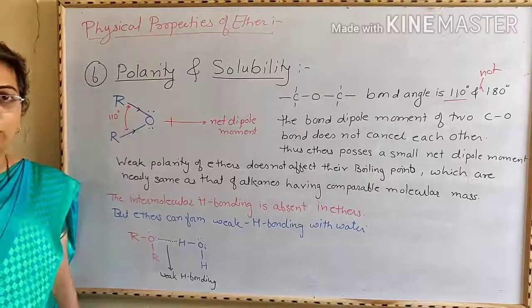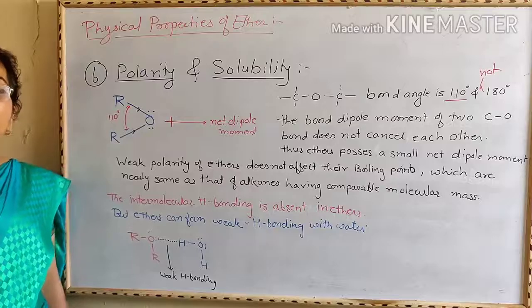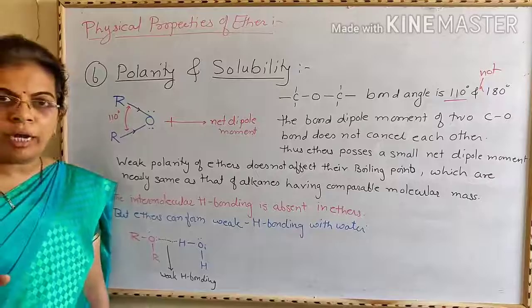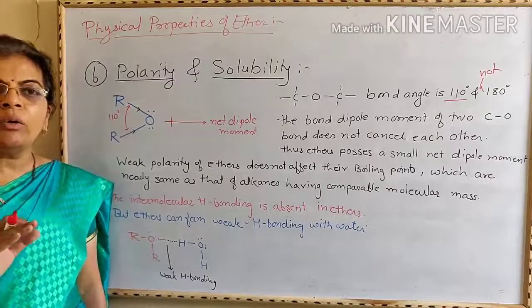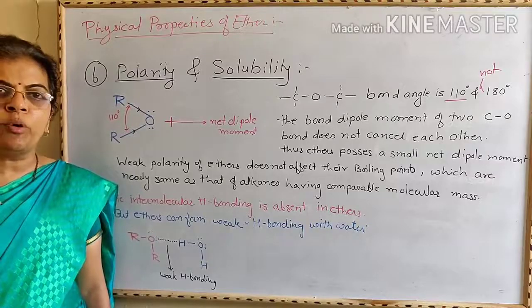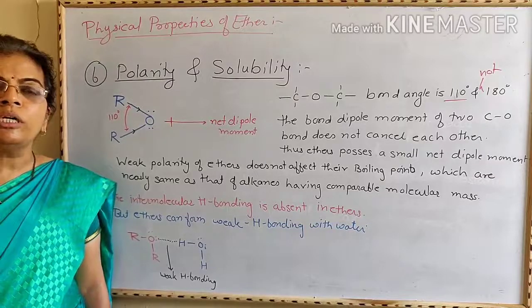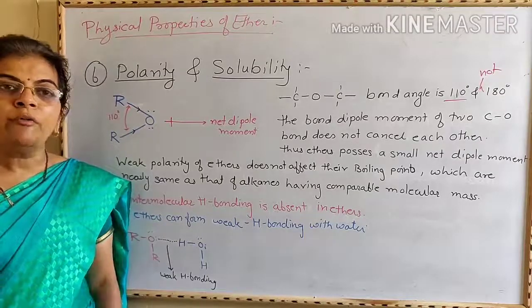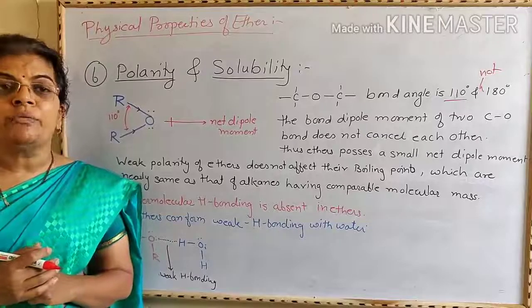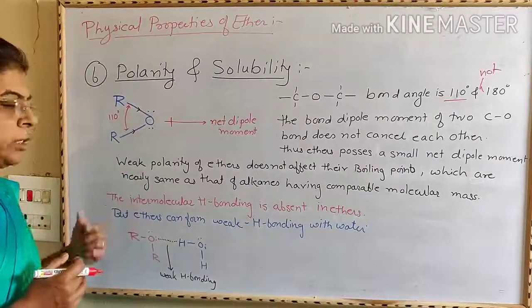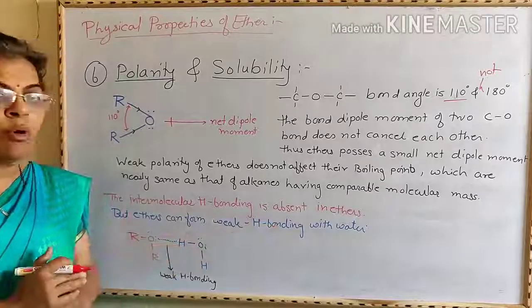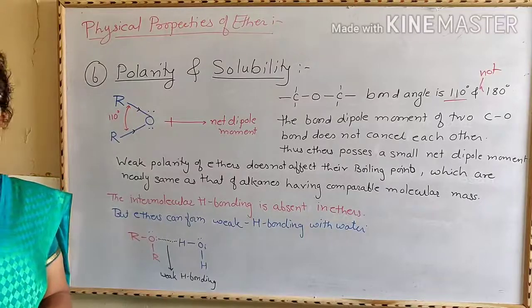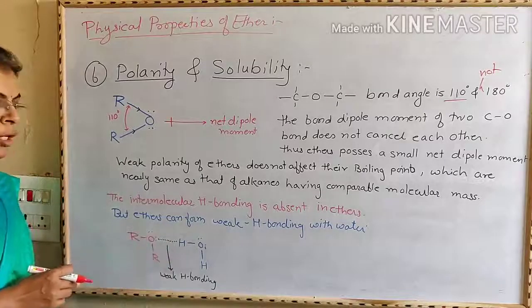Now, unlike alcohols, ethers cannot form intermolecular hydrogen bonding with each other. In alcohols, we have seen intermolecular hydrogen bonding. That is, in alcohol, due to polar nature of OH bond, each alcohol forms intermolecular hydrogen bonding with its neighboring alcohol molecule, and therefore the molecules of alcohols are associated with each other. But in case of ethers, this intermolecular hydrogen bonding is absent. But when ethers are mixed with water, they can form hydrogen bonding.